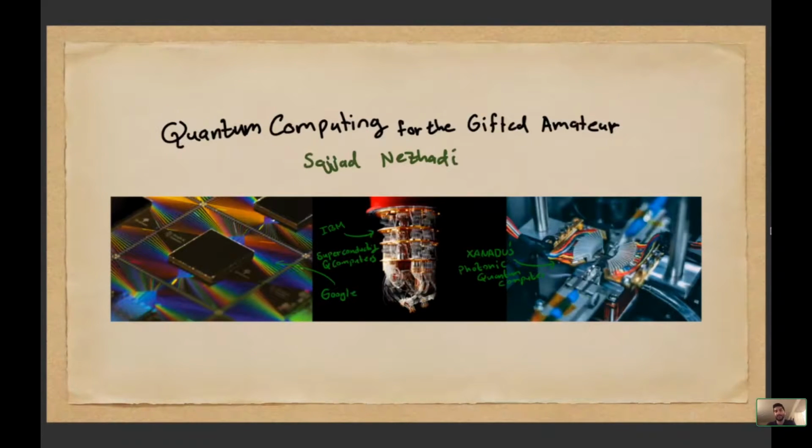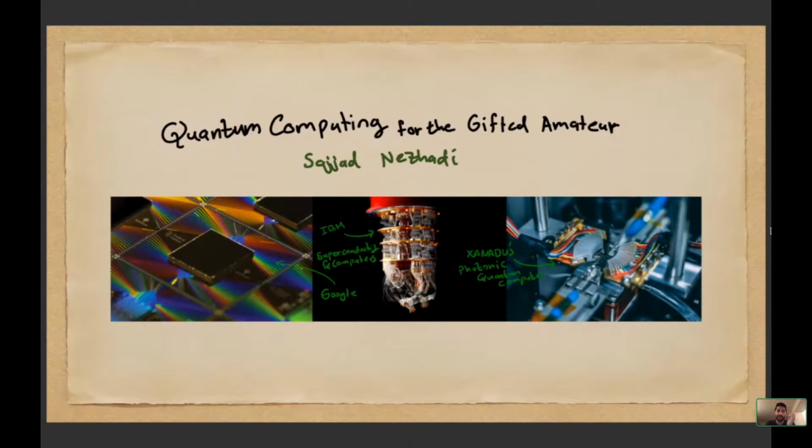So here, there's three examples of current quantum computers that exist. The left one is the one by Google, the Sycamore quantum computer. The middle one is by IBM, and the third one is by Xanadu, which is a startup in Toronto. I just put them there to show that there's different ways of constructing quantum computers using different physical architectures. The left one and the middle one use these things called superconducting qubits, and the right one uses lasers and photonics.